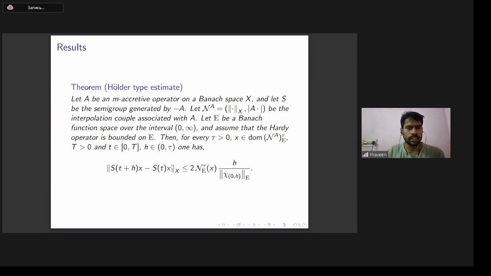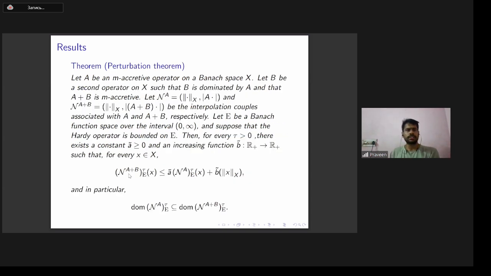The statement of the result is: take A to be any m-accretive operator, S the semigroup generated by minus A, and the interpolation couple associated with A, and take E as a Banach function space such that the Hardy operator is bounded on E. Then if our initial value x lies in the interpolation set, for every positive T and time t in the interval (0, T), we have this estimate, which looks like a Holder type estimate.